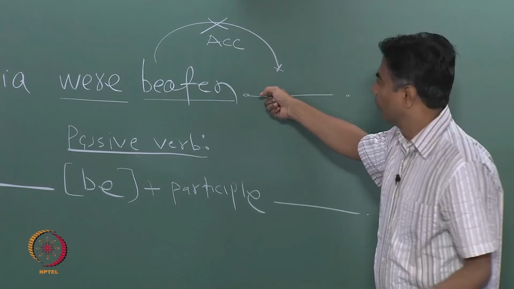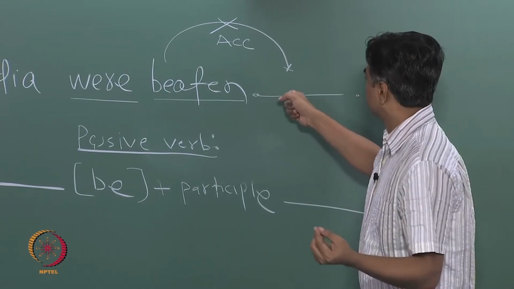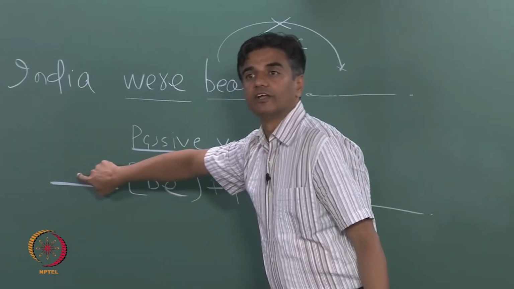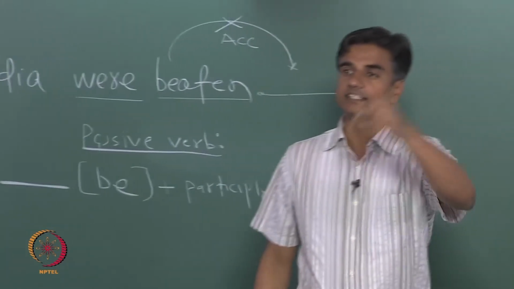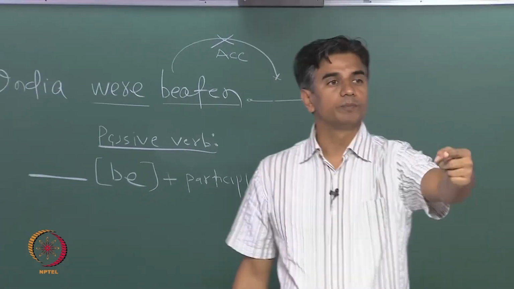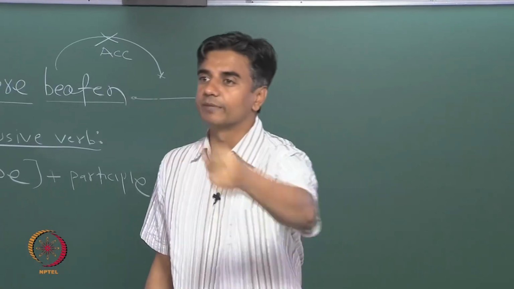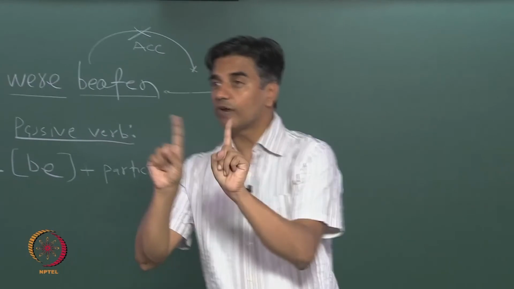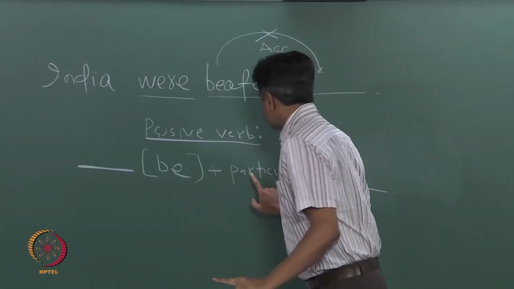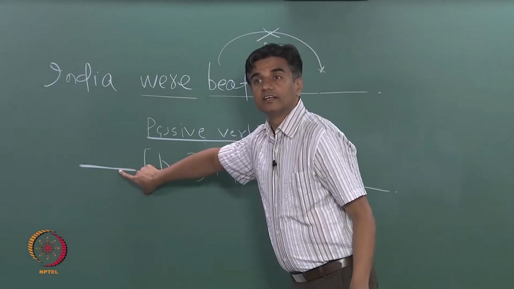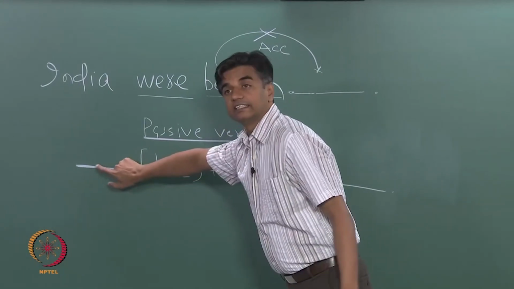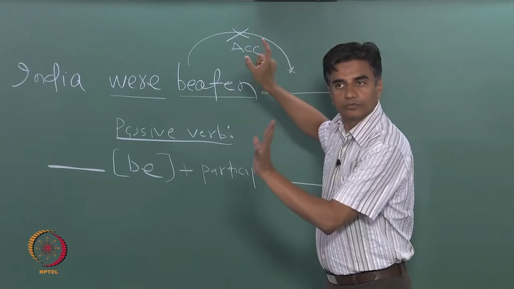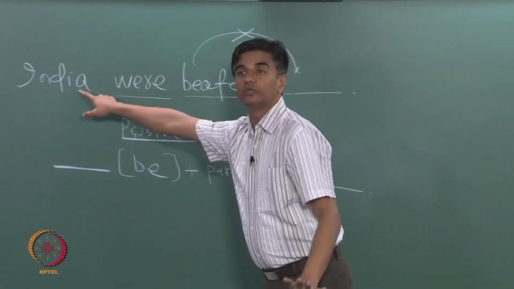Okay? Therefore, the solution is this physically dislocates to the initial position where it fulfills the subject position. This is what people mean when they say object becomes subject. Now, it is not violating the theta role thing. This verb does not allow anything theta here. This already has a theta role, so that problem is out. It gets no new theta role here.